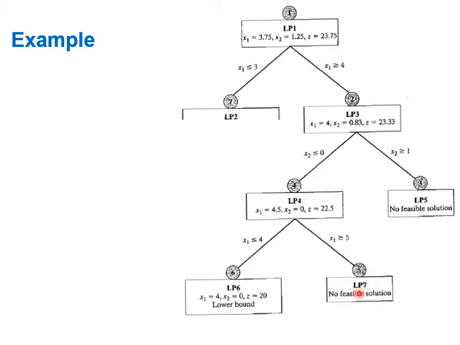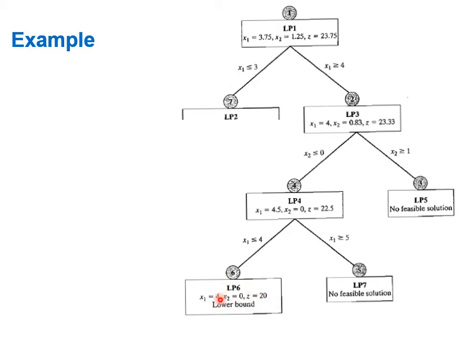We went to this side and found that x1 greater than or equal to 5 is infeasible. So we terminated, fathomed it, and it is because of infeasibility. We return back to this solution and we solved it, and we found that x1 and x2 are both integers. That's why we fathomed it. And we find an integer solution.